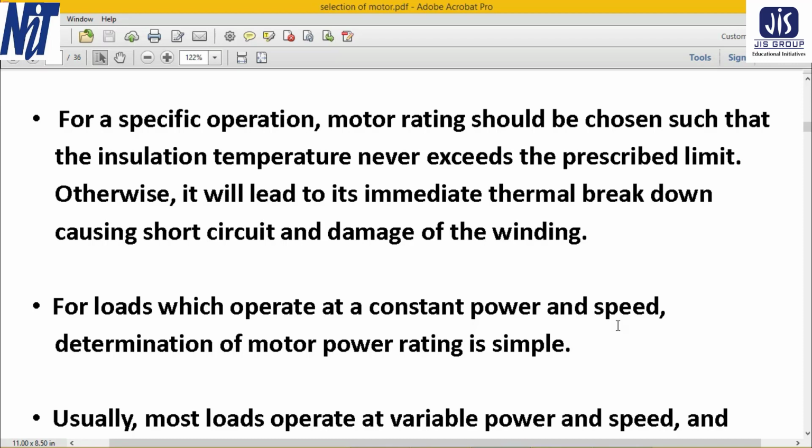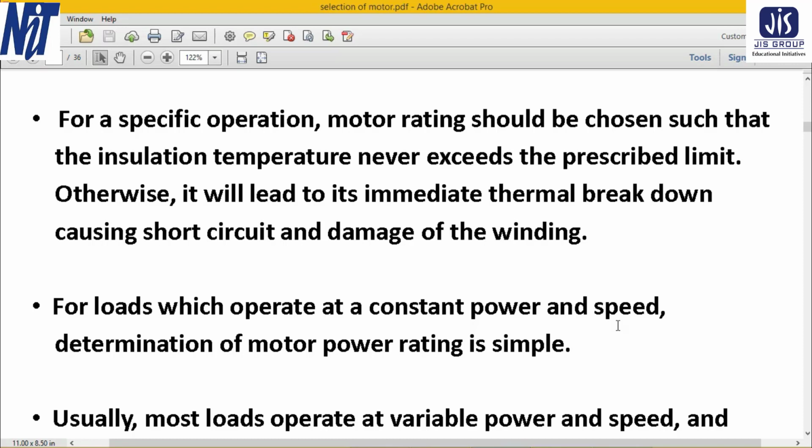So what will happen if it does? If the insulation temperature is higher than what is permitted for that particular operation, it will immediately lead to thermal breakdown, which leads to a short circuit, and it will damage the winding.